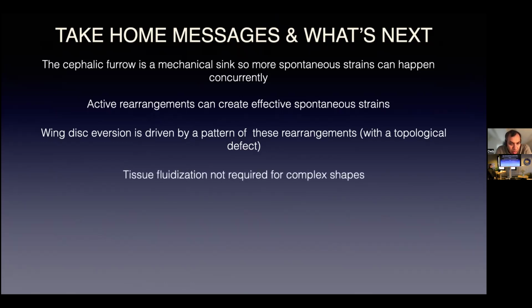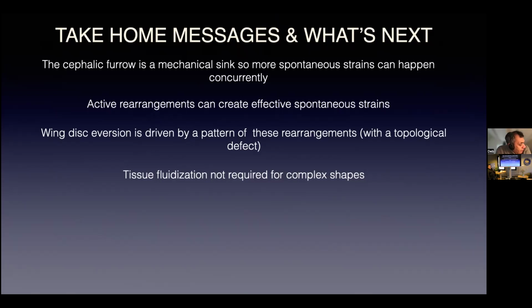And I never mentioned this. And actually for this audience it's not so important because it's a very broad audience, but in the biophysics tissue mechanics field right now, tissue fluidization is a big deal, and it's way too big a deal, I would argue, philosophically speaking. My opinion is that it is important, but it's overblown, and that what I just showed you is the creation of complex shapes during development with zero tissue fluidization required.